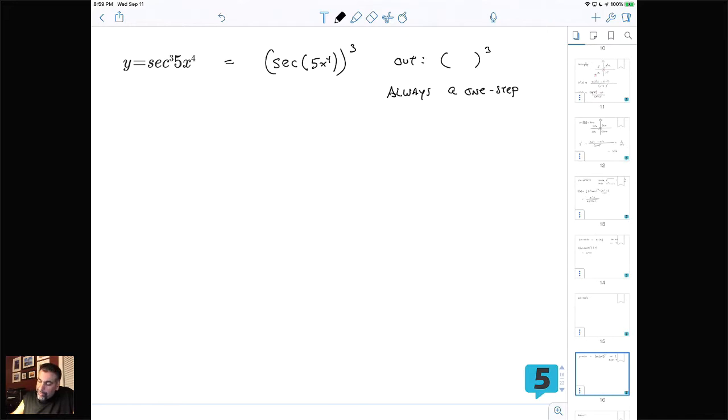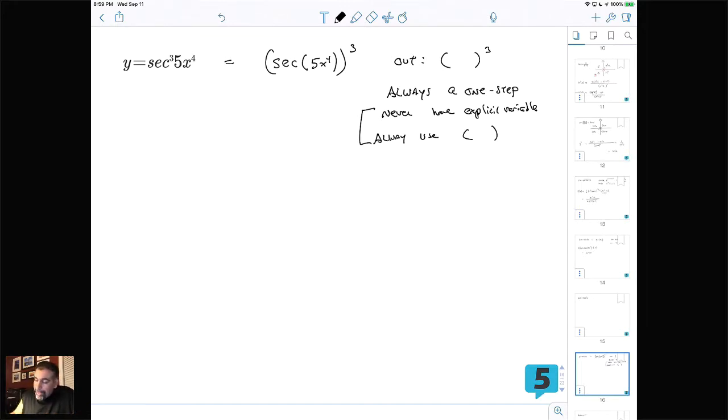So outside functions always have to be a one-step. Outside functions never have an explicit variable. And outside functions always use what I call a something. These two are saying the same thing. The reason we don't have an explicit variable is because the something plays the role of the variable.